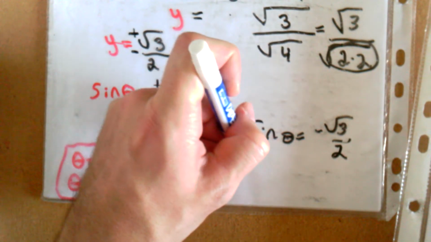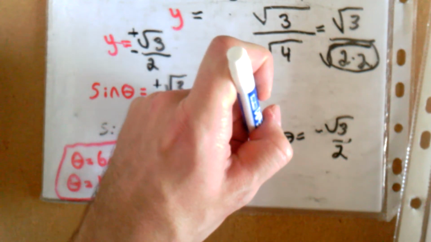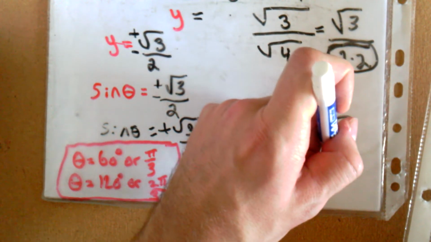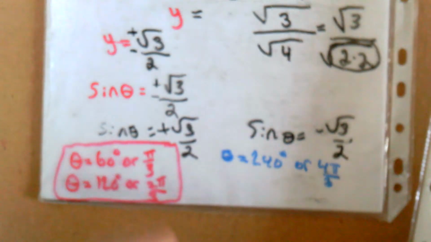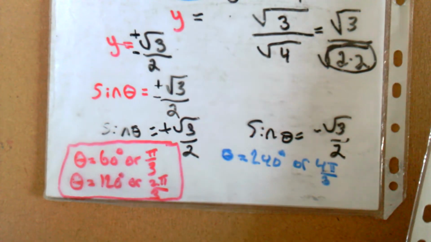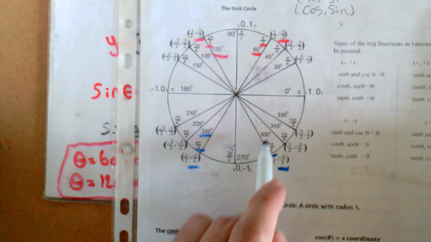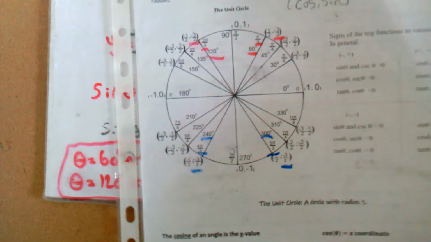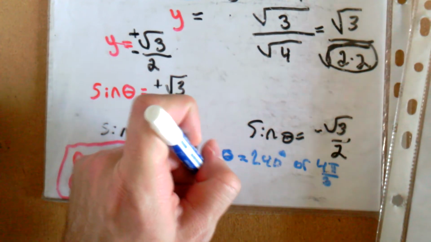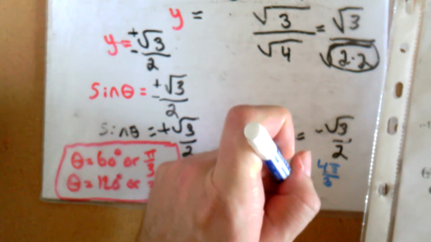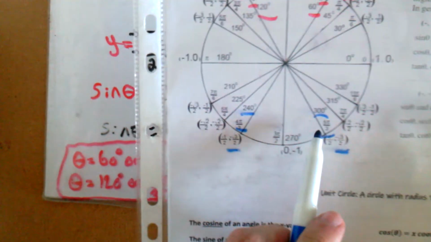So theta, our angle, equals 240 degrees or 4 pi over 3 radians. Also notice that sine is negative square root of 3 over 2 right here at 300 degrees. So our angle can be 300 degrees, which is the same thing as 5 pi over 3 radians.